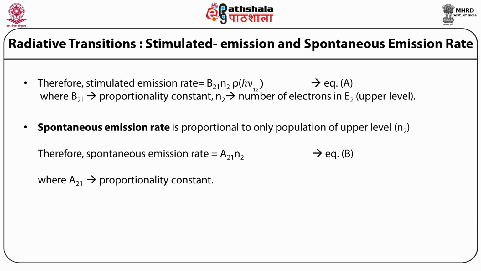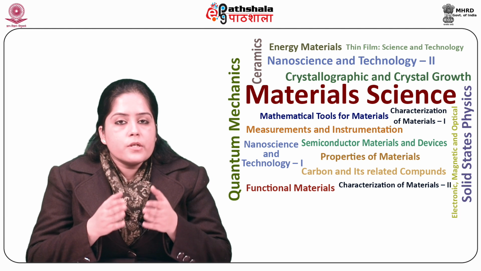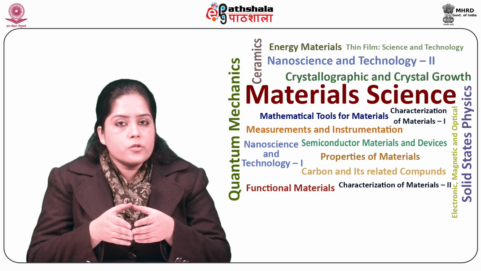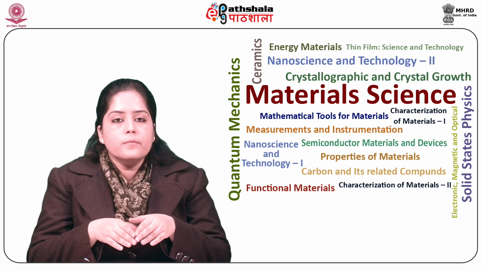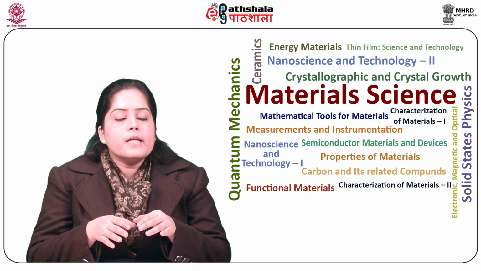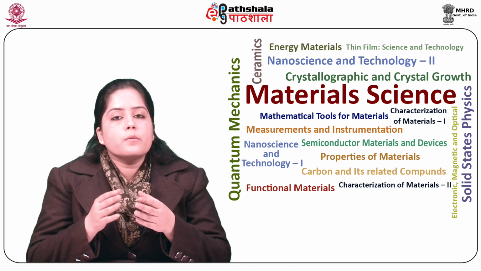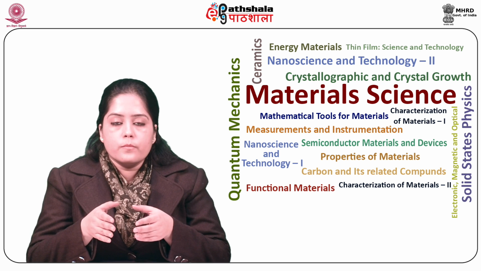The spontaneous emission rate is proportional only to the population of the upper level, that is N2. Therefore, the spontaneous emission rate is equal to A21 N2, where A21 is the proportionality constant. The absorption rate is proportional to the population of electrons at the lower level N1 and to the photon field energy density rho h nu 12.